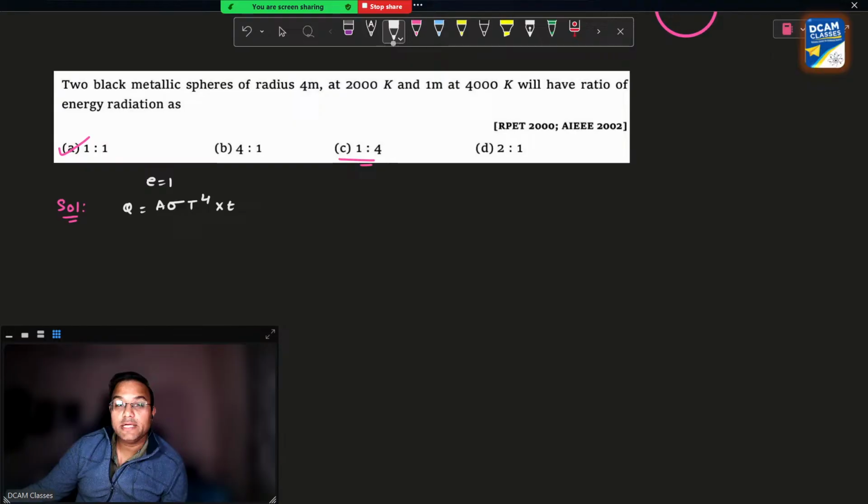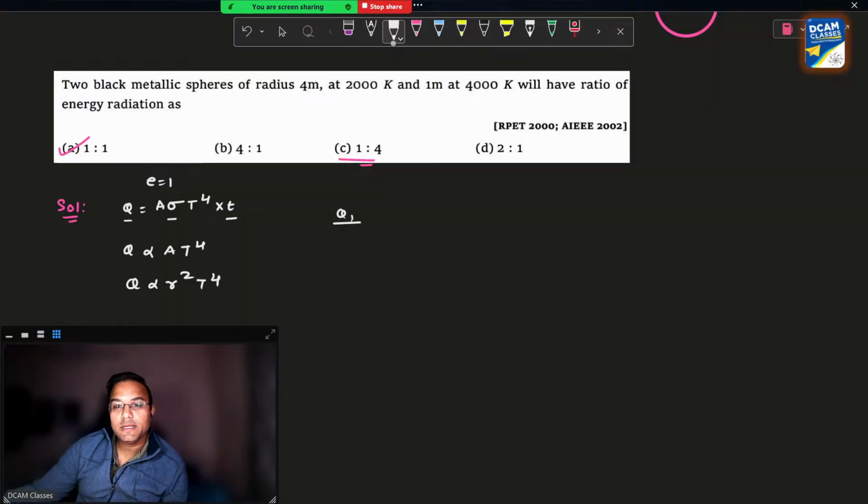Achha, radius has changed. So actually sigma is same, time is same. No, Q ratio we have to find. So A and T. So the Q is proportional to A and T. Also, A is 4 pi r square, so Q is proportional to r square T power 4.